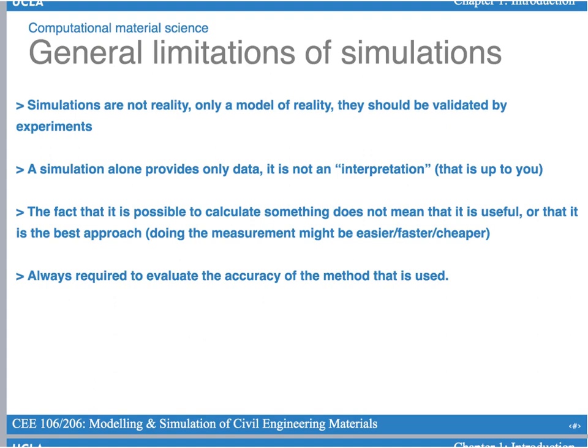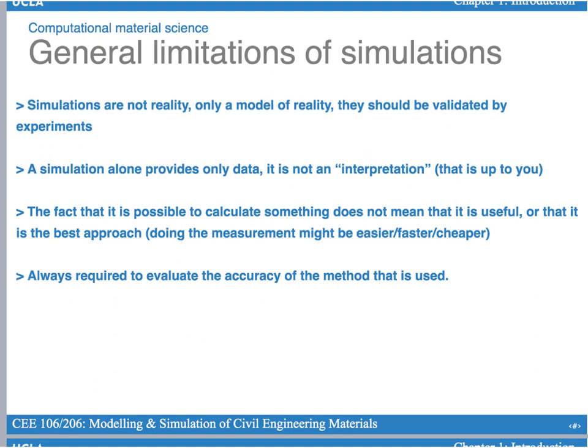But whenever possible, simulation should be validated at least for certain conditions with available experimental data, available experimental observations, before you can use it to either replace experiments or make some prediction of the outcome of models under new conditions that cannot be easily accessed by experiments.